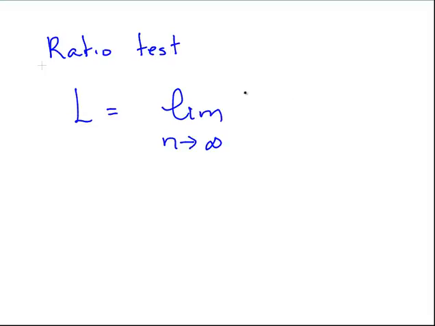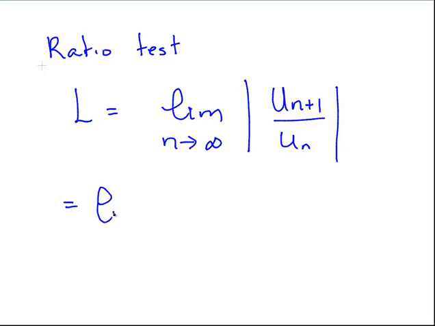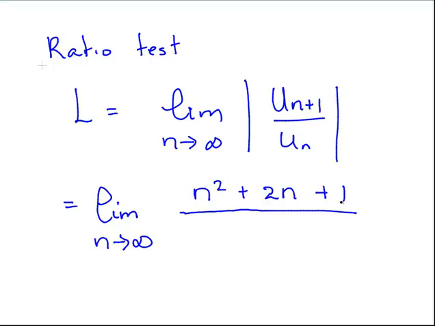Now, the ratio test asks us to compute this limit L, which is the limit as n approaches infinity of u of n plus 1 over u of n. For us, that is the limit as n approaches infinity of n squared plus 2n plus 1 over 4n squared plus 6n plus 2.